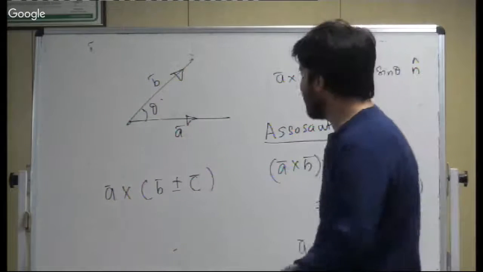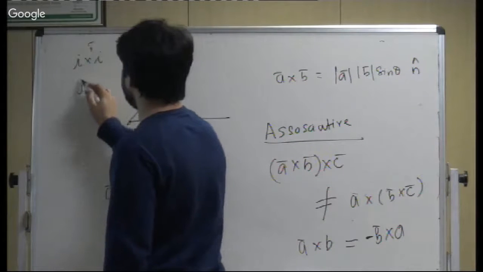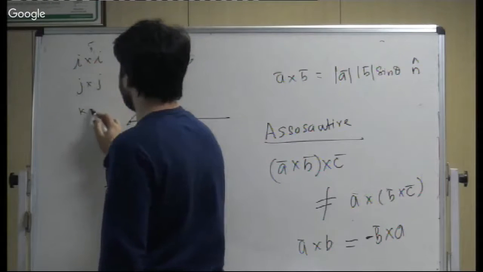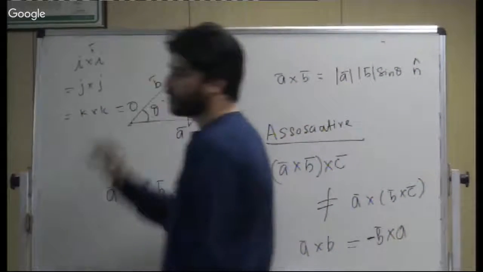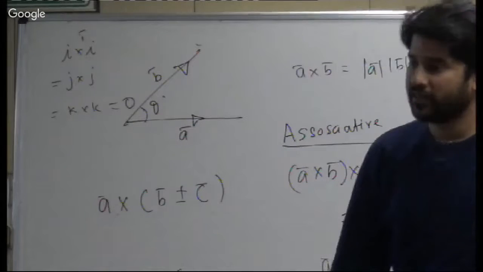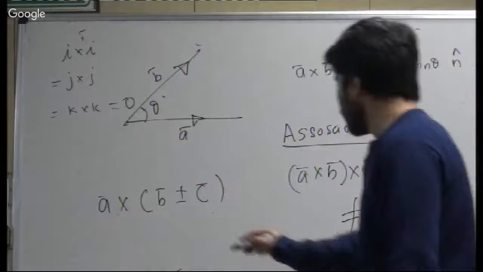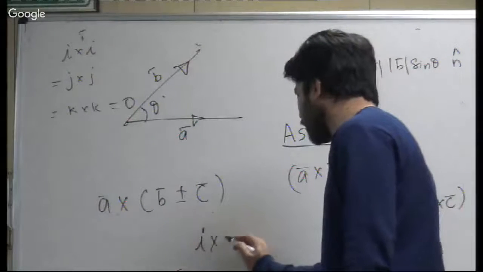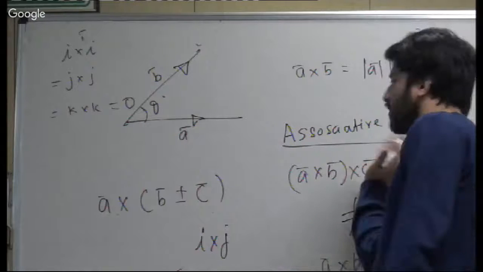In the same way, I cross I, J cross J, K cross K, the cross products of parallel vectors, are going to be 0.